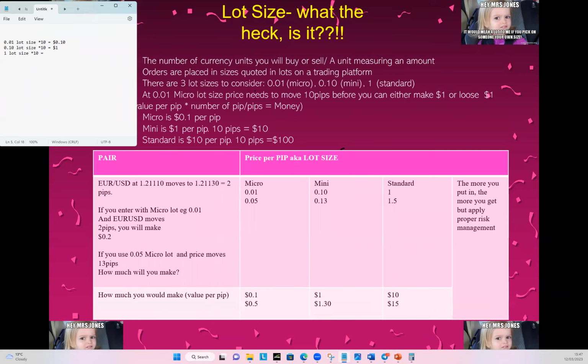Yeah, very good. Same thing for the mini as well. You have 0.13, just move the 1 to the back of the 0, like the decimal points. That will give you $1.30, which is what you have below here. And just multiply that by any number of pips that the market moves.